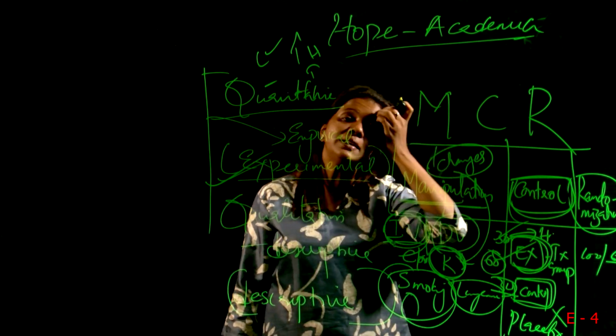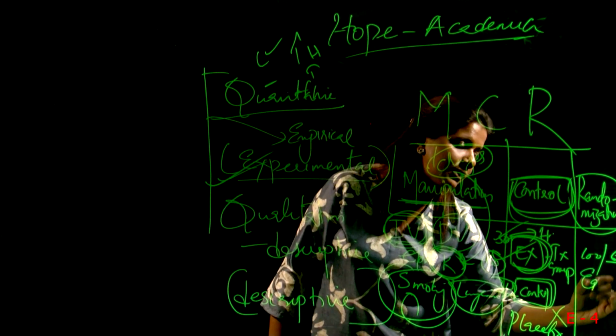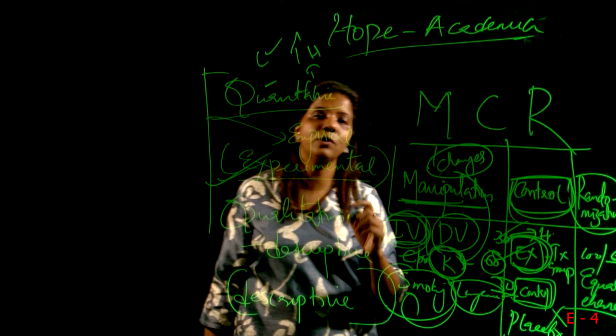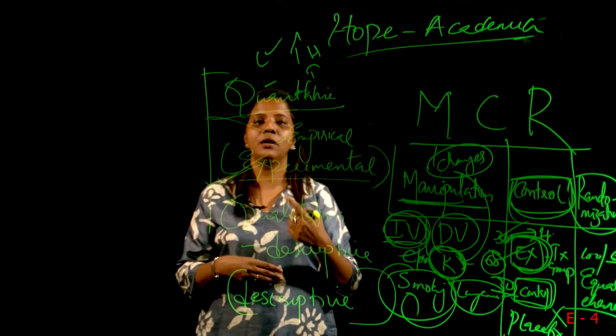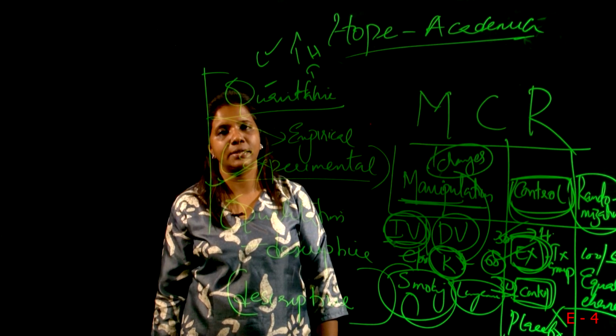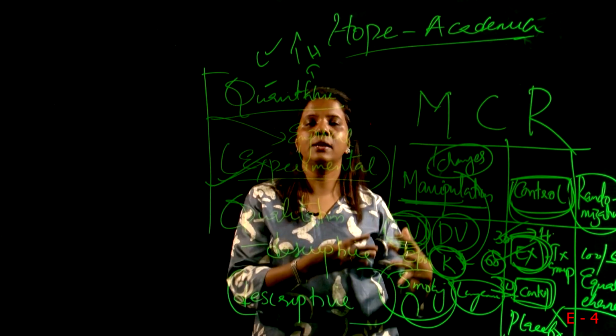So randomization in research is all about giving the participants equal chance to be a part of the research study. Randomization is a process of selecting the subjects by giving them equal chance.